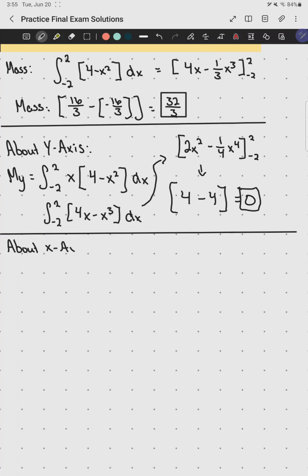About the x-axis, which is your Mx equals the integral from negative 2 to 2.